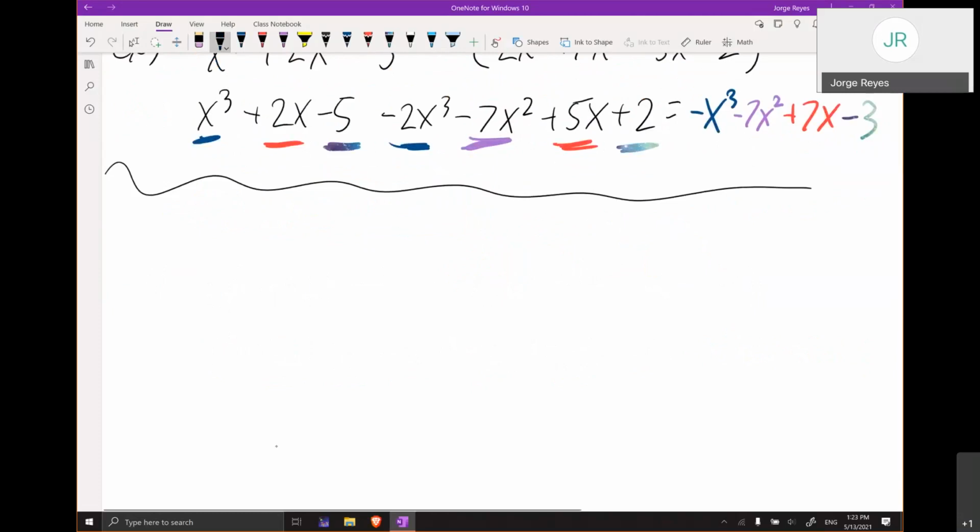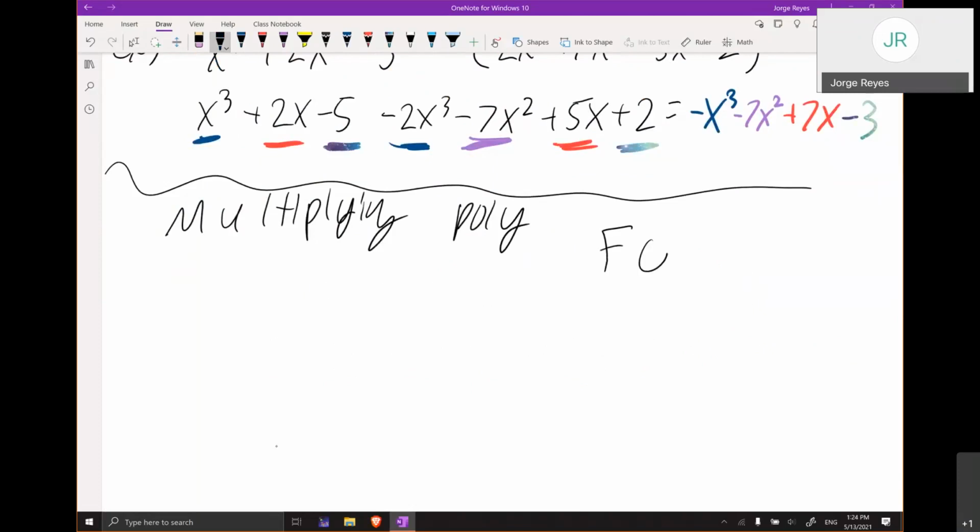Okay. Next is multiplying. So multiplying polynomials, basically you just need to remember the word FOIL. I'm sure you have heard of the word FOIL. I'm sure you know how to FOIL.